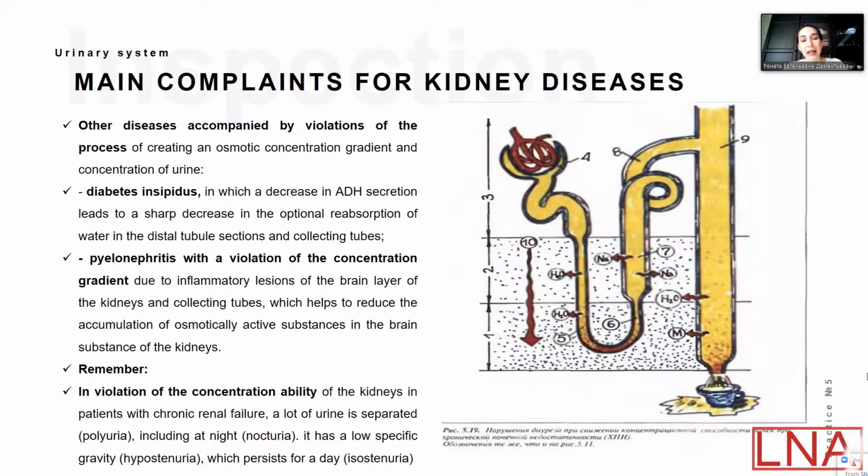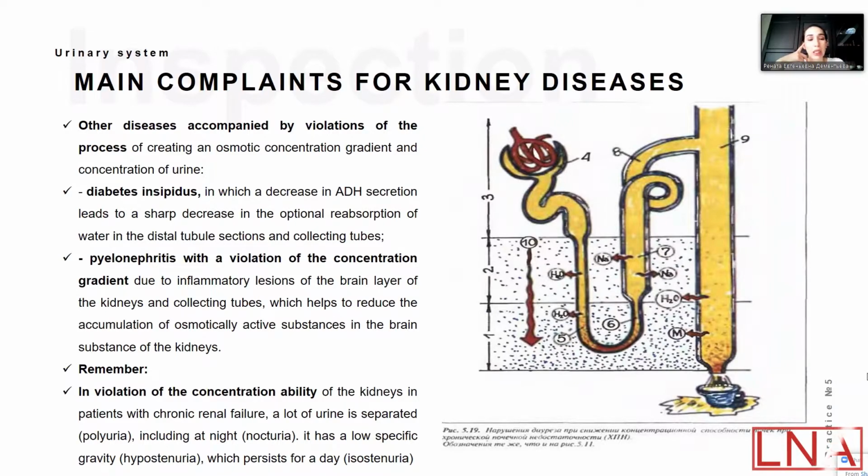It has a low specific gravity or density, hypostenuria, which persists for a day: isostenuria. So persisting during all day, not separated into nighttime and daytime, low density of the urine we can call isostenuria.